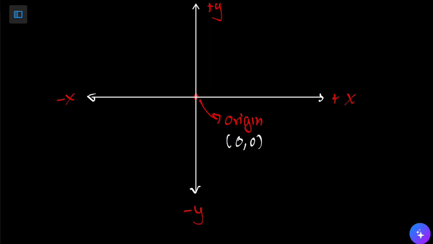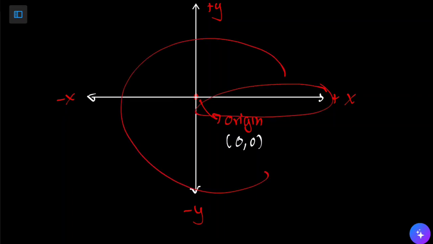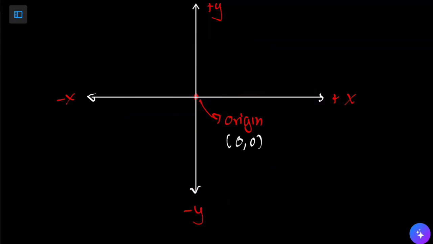Your quadrants are usually determined from the x-axis going counterclockwise. The first quadrant that we will pass through is what you call the first quadrant. As you go towards here, that will now be your second quadrant.